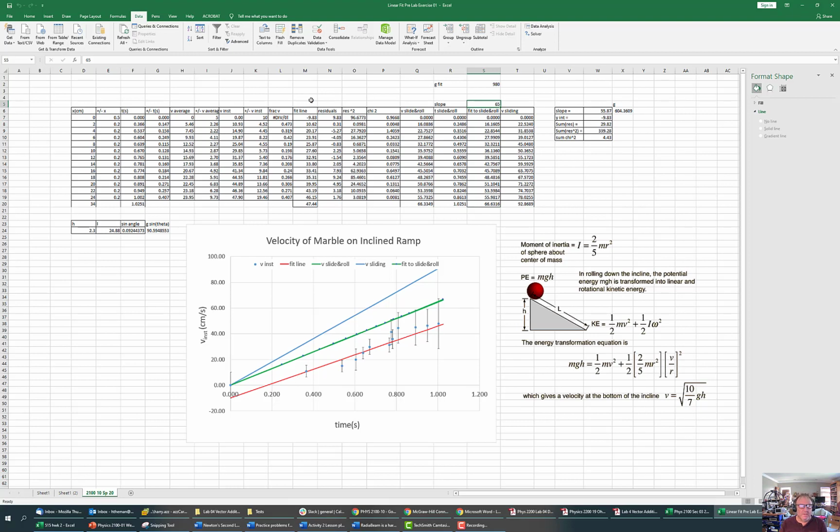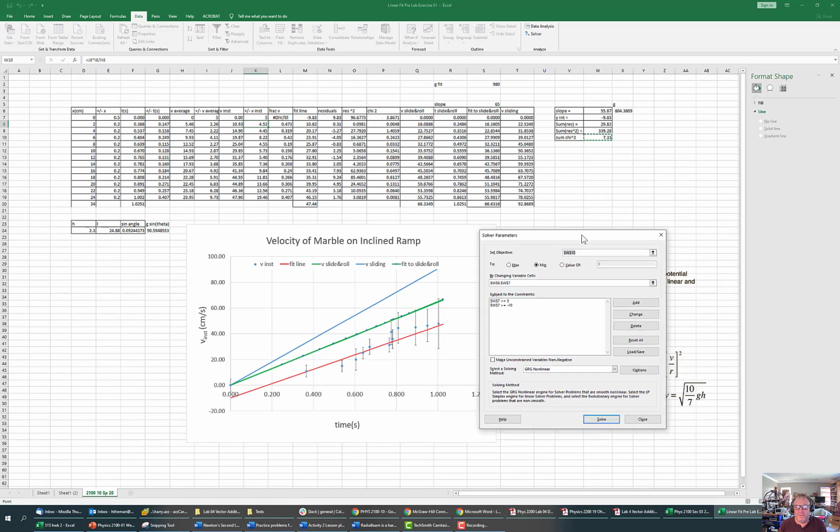First of all, let's restore a reasonable error bar here. Let's make it similar to the other ones. You see it's pretty small now. And now there's a way of having Excel do the fitting for you.